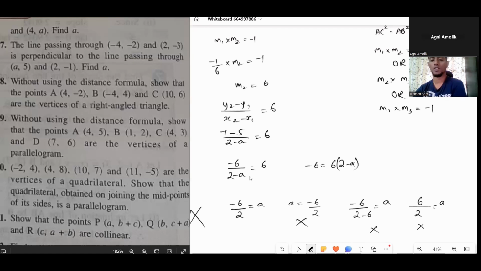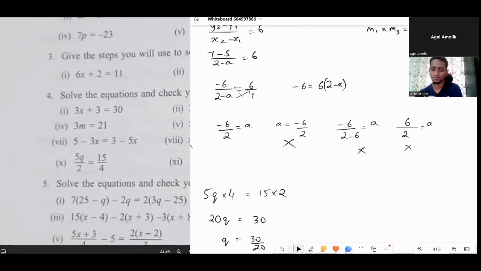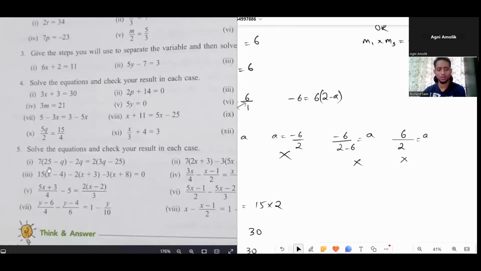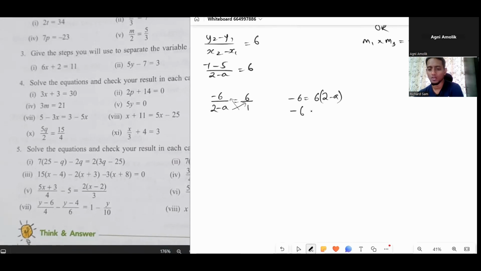You have to cross multiply. So here, what's the next step? 12 minus 6. See the brackets. Here also we learn about brackets. What do you do with these brackets? Multiply. So that will be minus 6a, so 12 minus 6a.